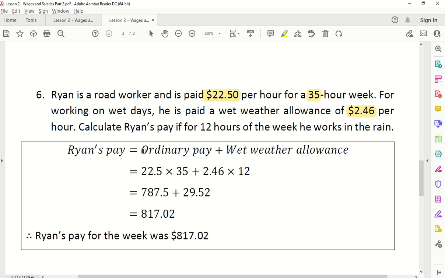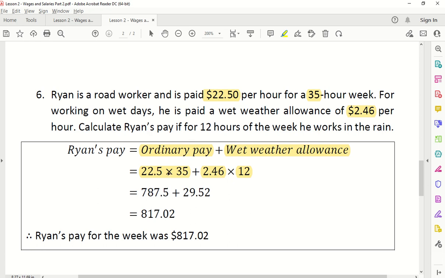So Ryan's pay, well, it'd be his regular pay, $22.50 times 35, which I've got here. But we also need to add the wet weather allowance. So we know he's paid $2.46 for every hour he worked in the wet weather, and he worked 12 hours in the wet weather. So I have evaluated each part of this and gotten $787.5 for his ordinary pay and $29.52 for his wet weather allowance.